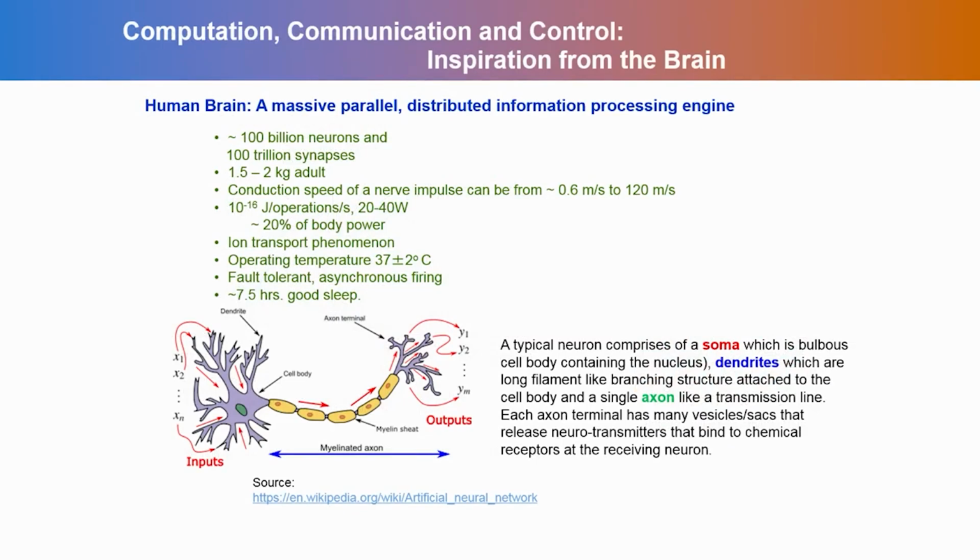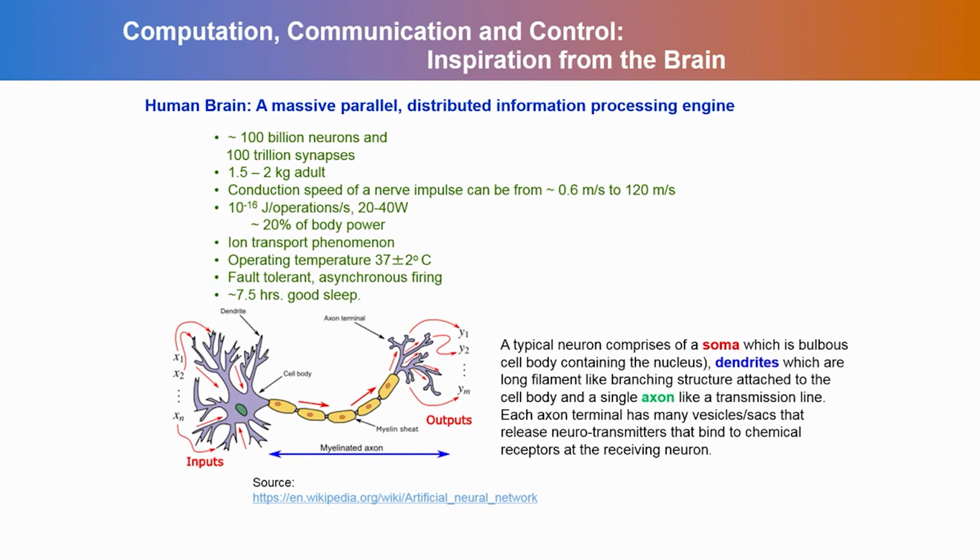Now, when you think about the brain, there is communication, computation and control, and one can think of the human brain, or in general a mammalian brain, as a massive parallel distributed information processing engine. I gave a brief introduction regarding the analogies between the human brain and the silicon equivalent during the introductory lecture, but let me briefly again touch upon this aspect.